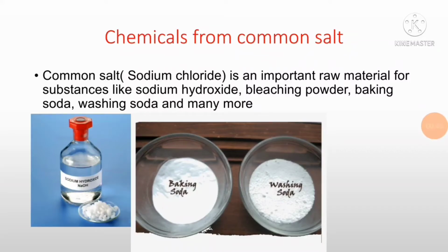Then what is called common salt? The chemical name of common salt is sodium chloride. It is also called table salt. And common salt is a white powder which is used in preparing food. And it is a neutral salt.